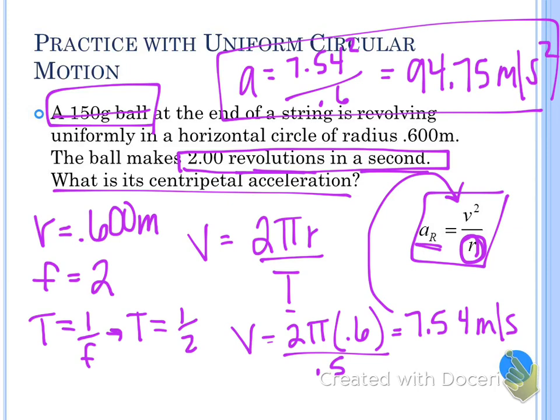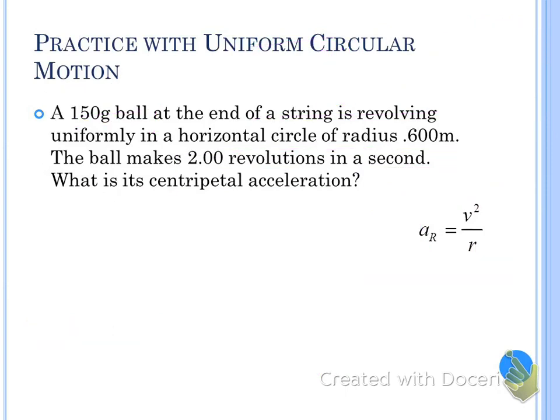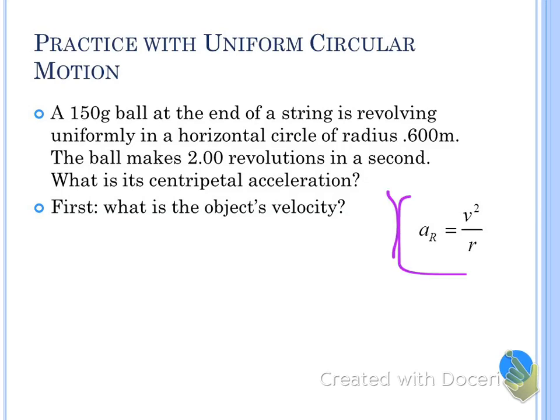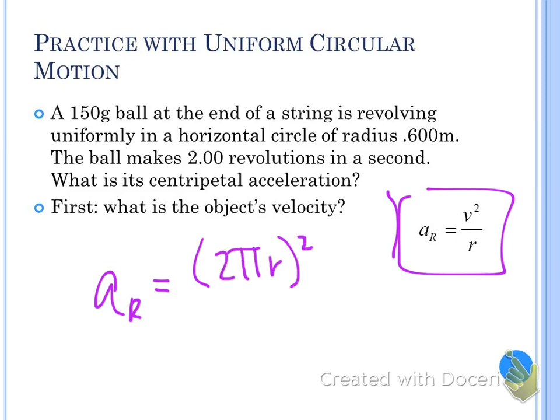Questions here? Okay. Something I'll show you really quick is we can use this equation, and we know that velocity is 2 pi r over t, so we can basically combine these equations to say 2 pi r squared over t squared times r.